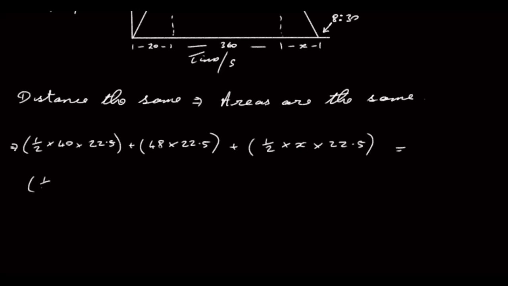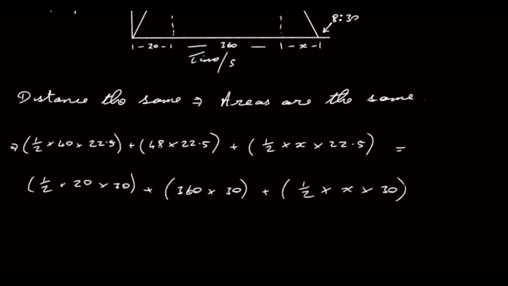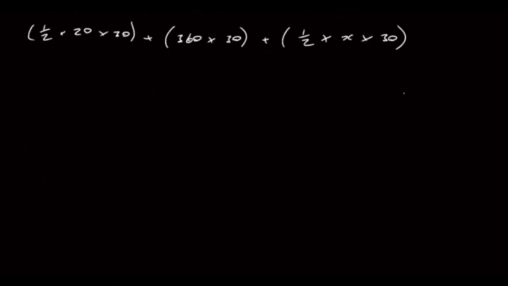So that's half of 20 times 30 plus the rectangle in the middle, which is 360 length times width times 30, plus the triangle out at the end, half of the x again times 30. Now this is all just calculator work at this stage.